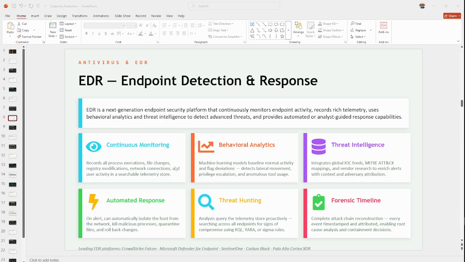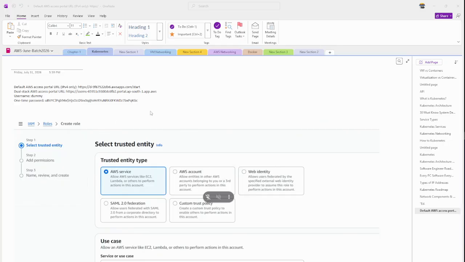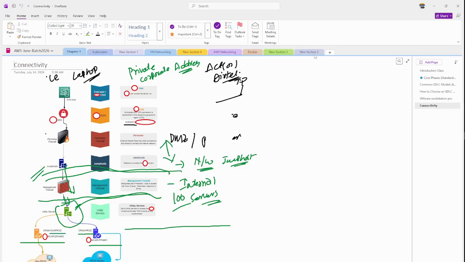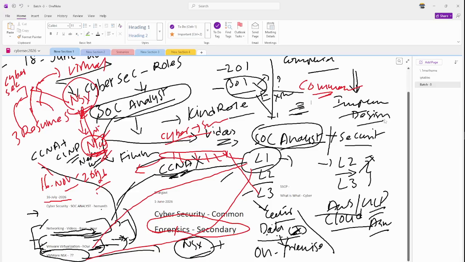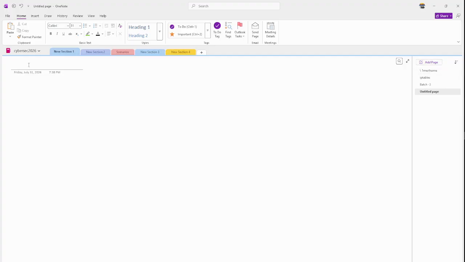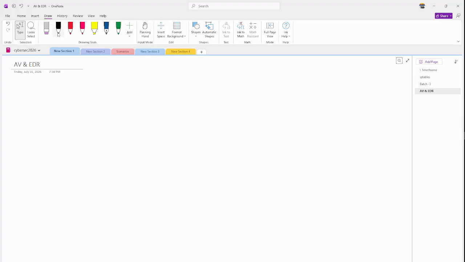See, I already have an antivirus in my server, running inside my computer.